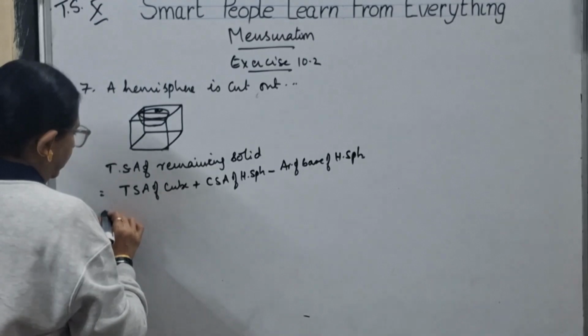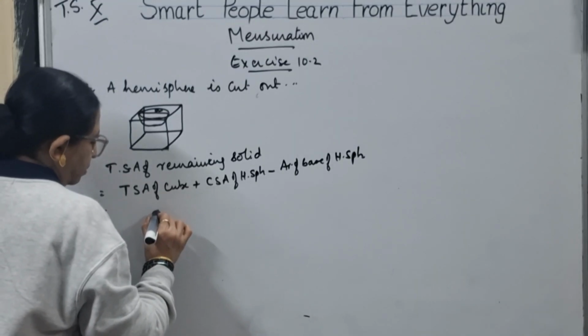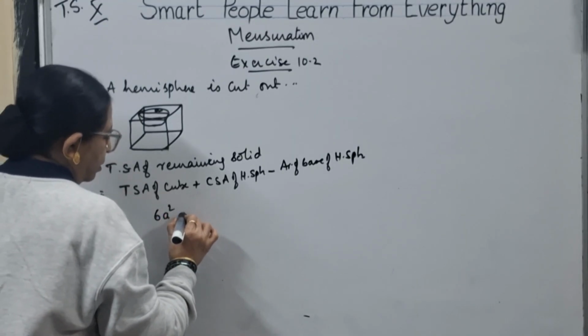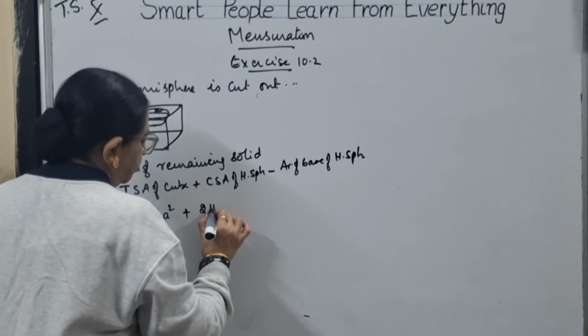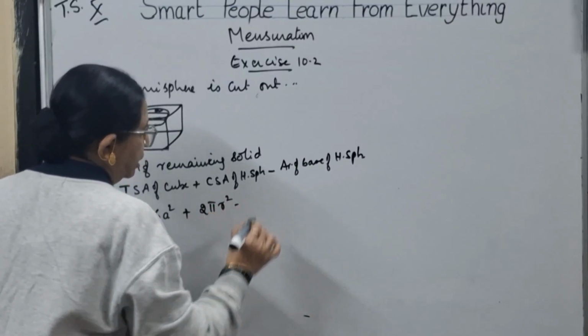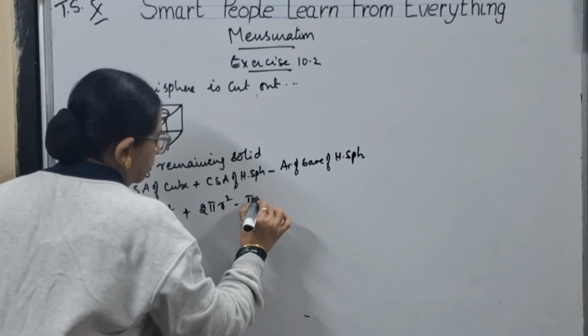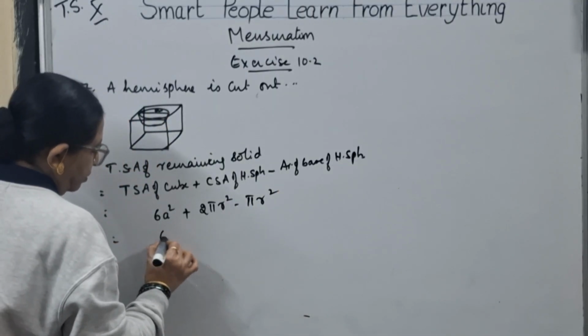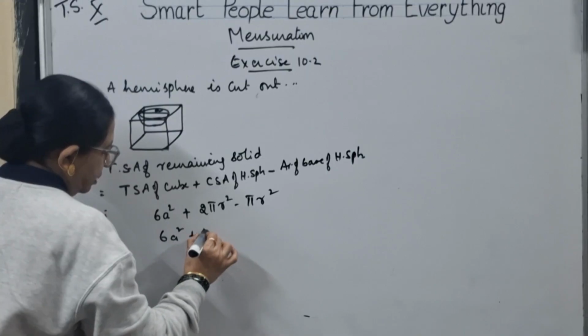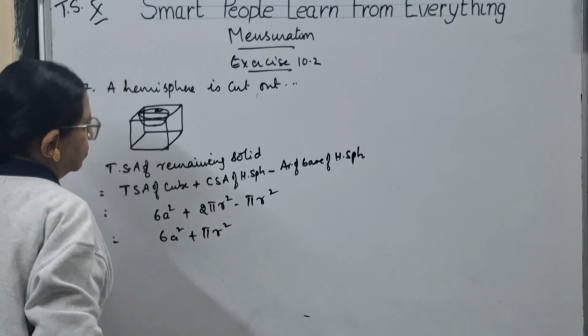So in this case, TSA of cube is 6a square plus CSA of hemisphere 2 pi r square minus area of base is pi r square. Base is in the form of a circle. That is 6a square plus pi r square.